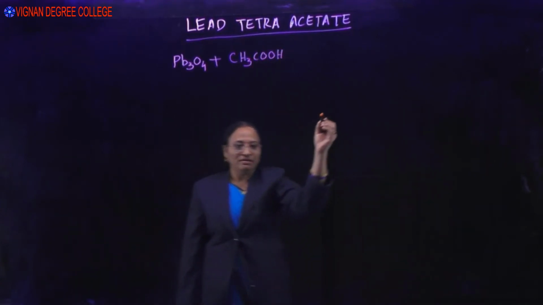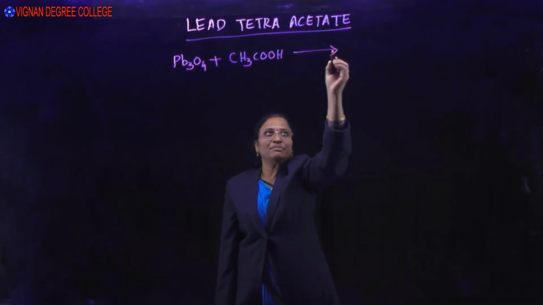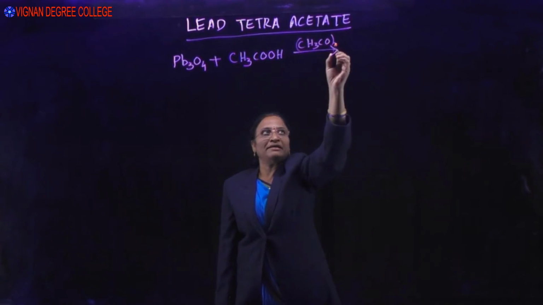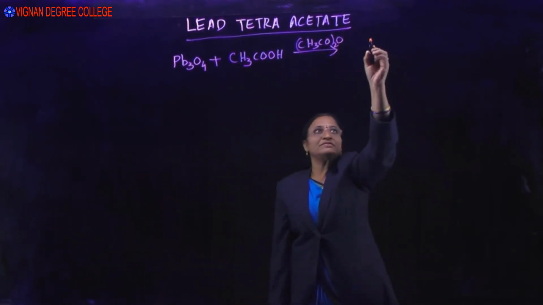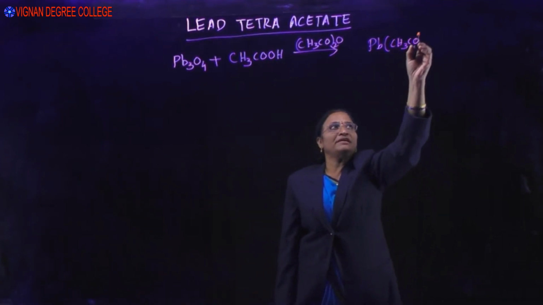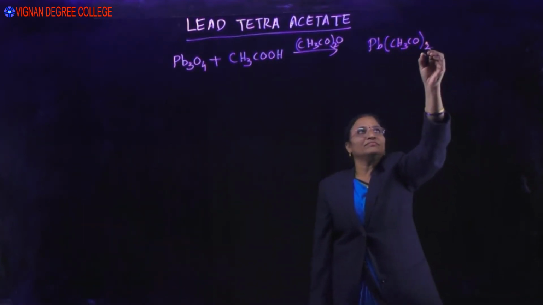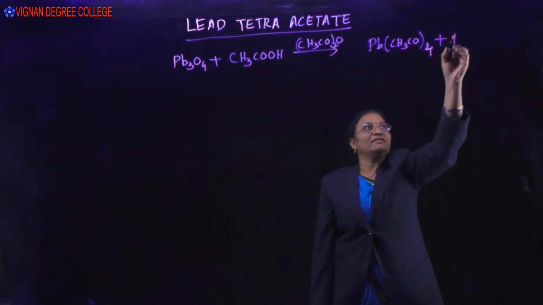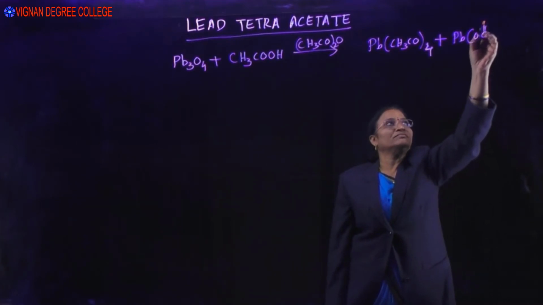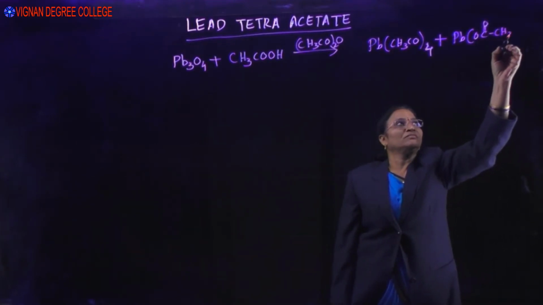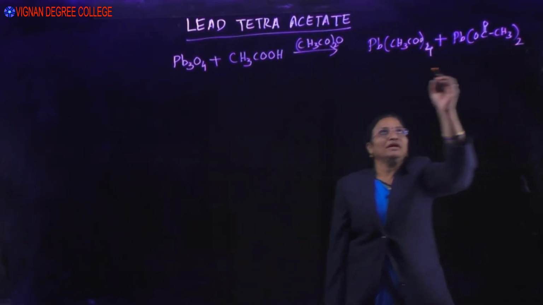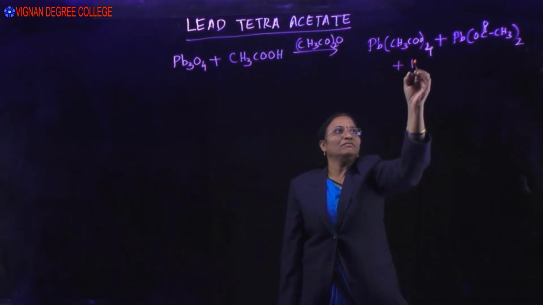Lead oxide plus acetic acid in presence of acetic anhydride gives lead tetraacetate, lead diacetate, and water.